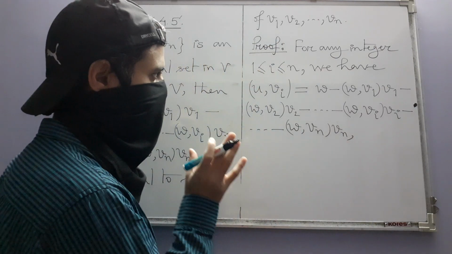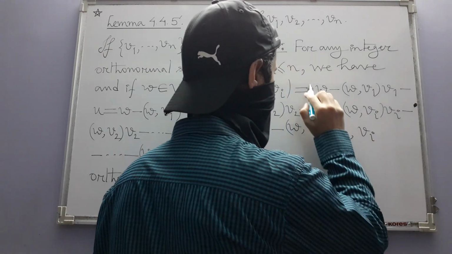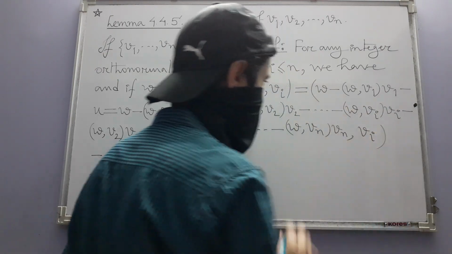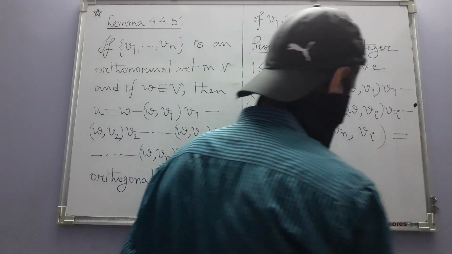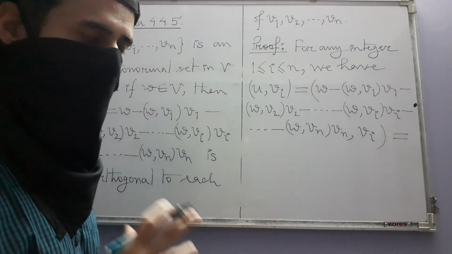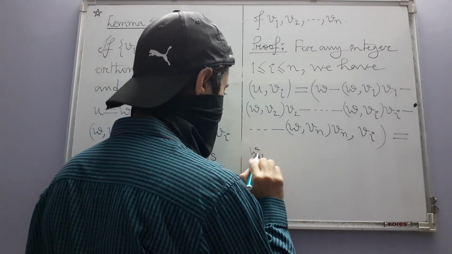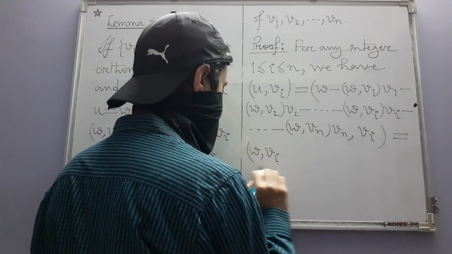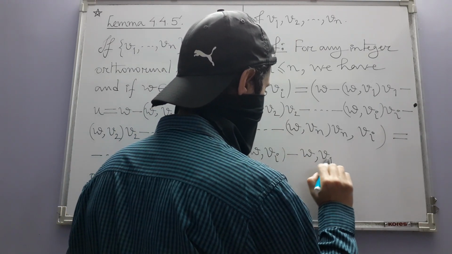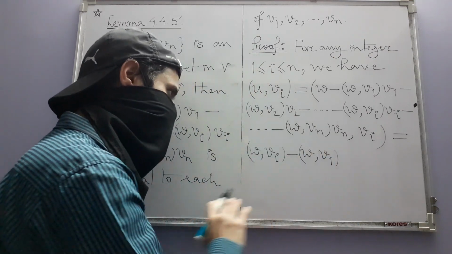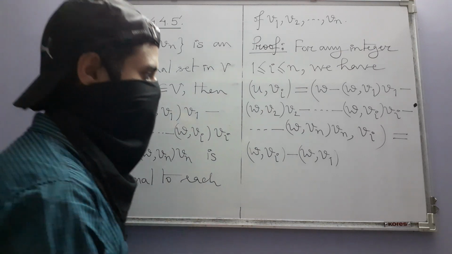Vn. So this is what u is, and then we write the second component, vi. Okay, now using the axioms for our inner product function, this just becomes w comma vi minus w comma v1. First of all, we are just going to write all the things down, and then we will see what comes from that.